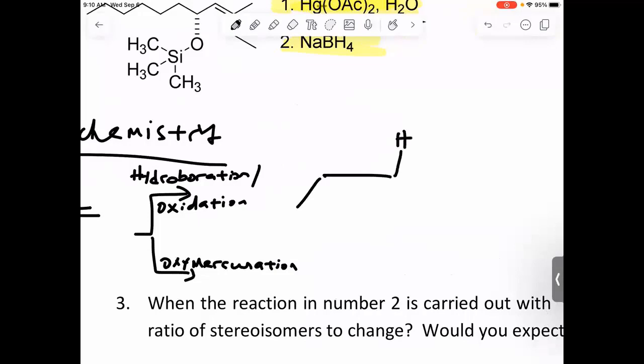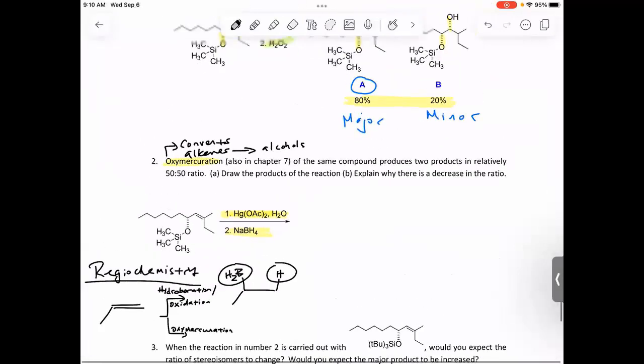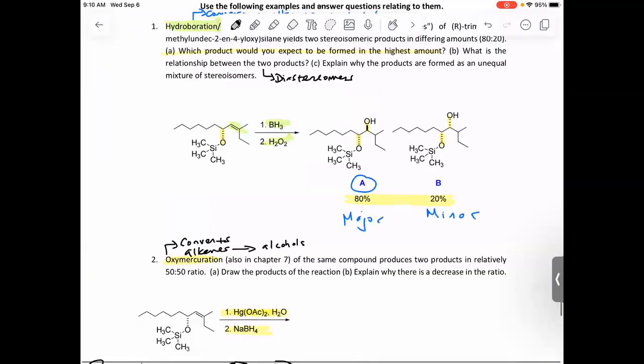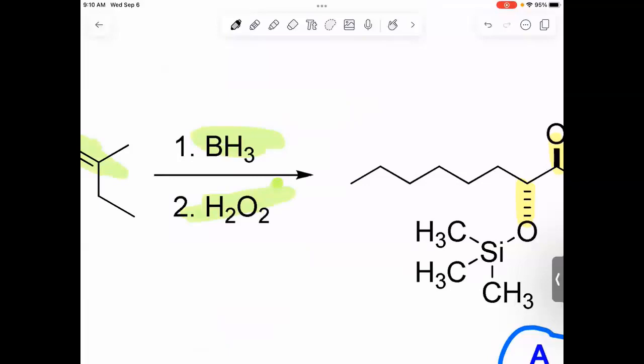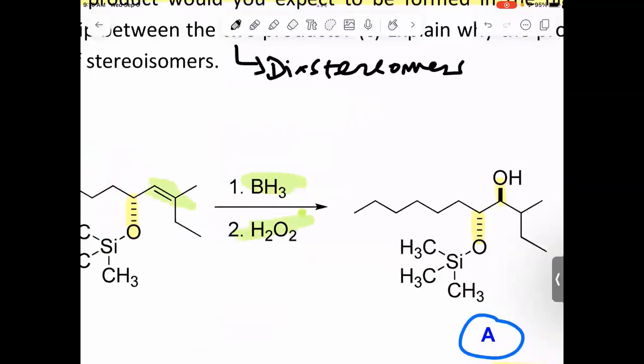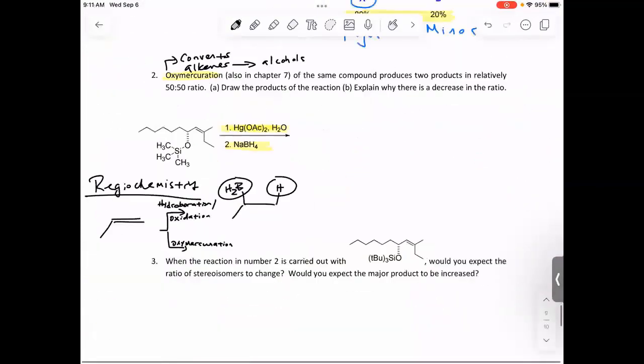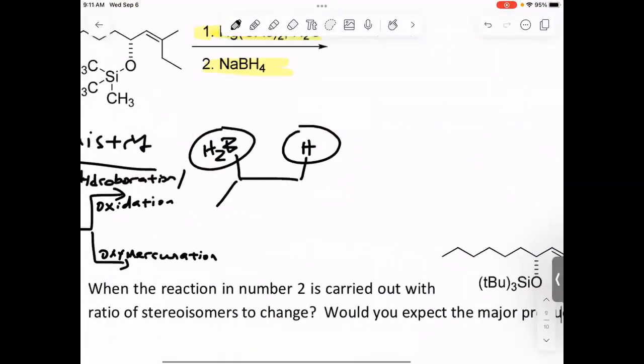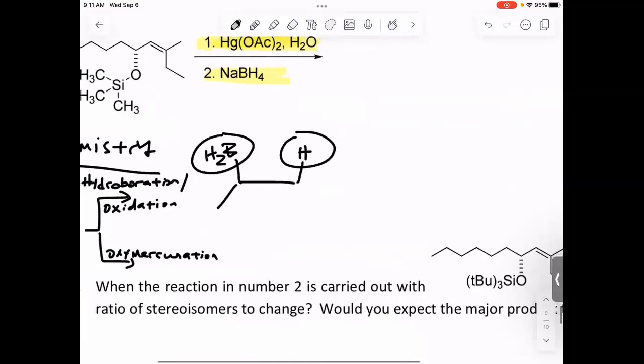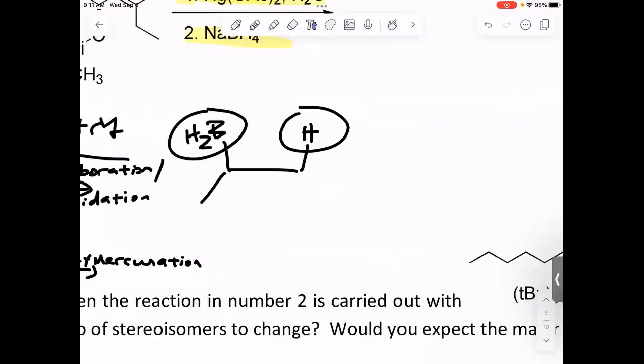where the H here is added, and then there's a BH2, because up here the first reagent is BH3, boron trihydride. So that is added across the double bond. Oh, sorry, wrong location.